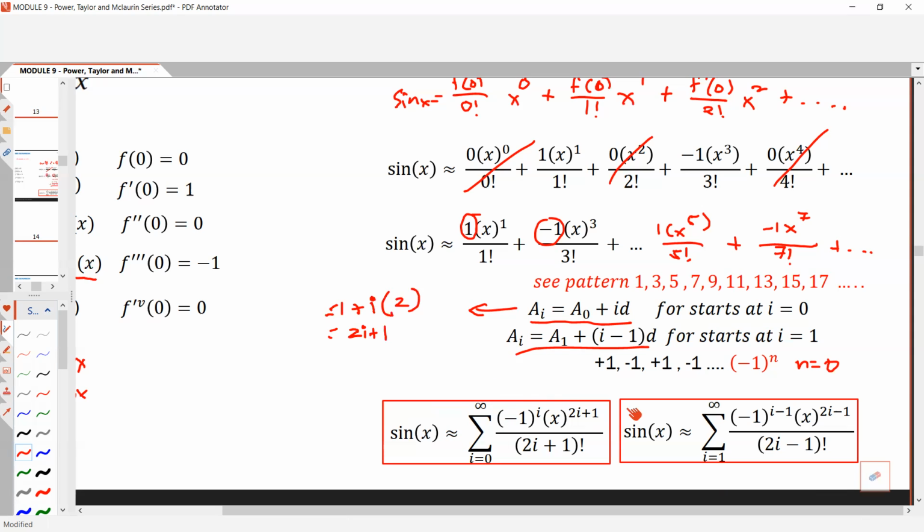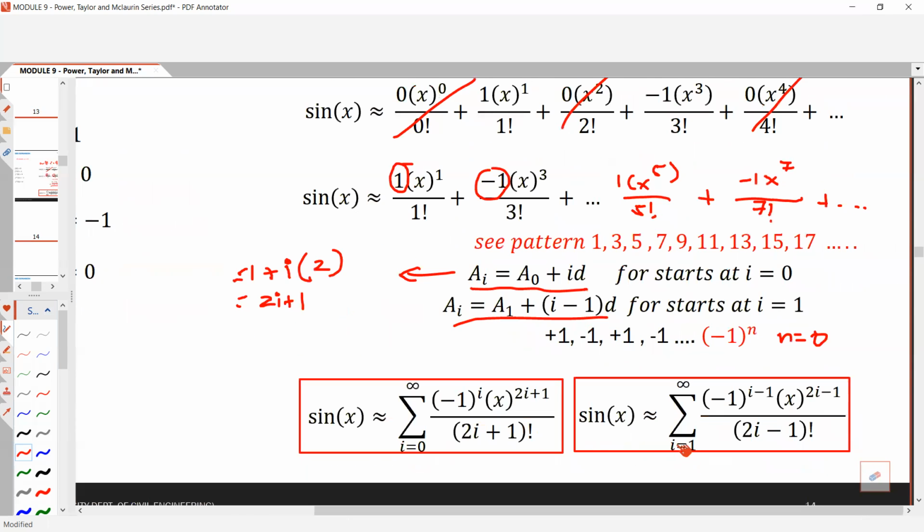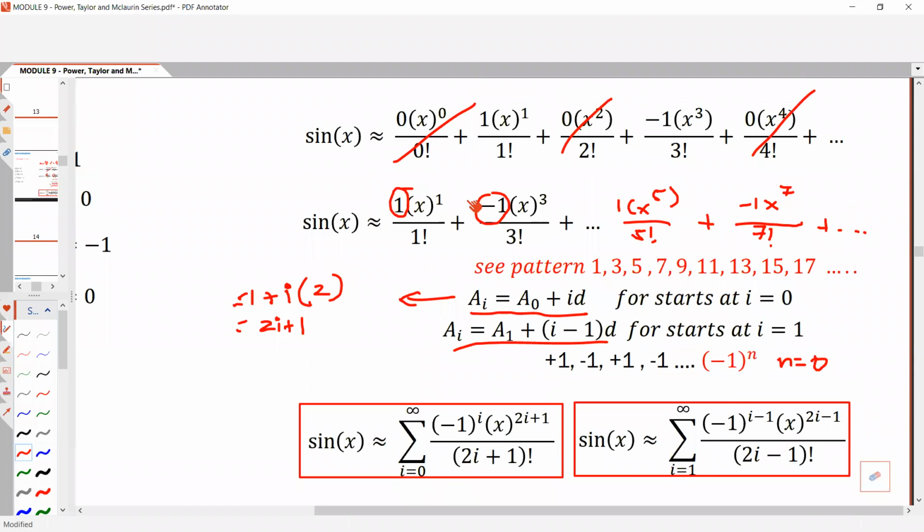If you want to start at i equals 1, there are books that always start at i equals 1, and consistent sila, and sometimes at i equals 0. So it doesn't matter where you start, as long as all the terms are satisfied. Since we start at 1, our pattern 1, negative 1, 1, negative 1 will be negative 1 raised to i minus 1.